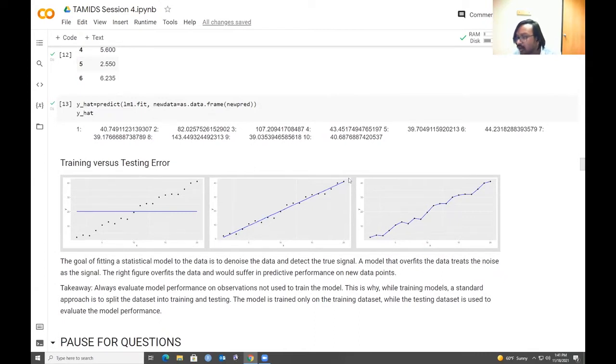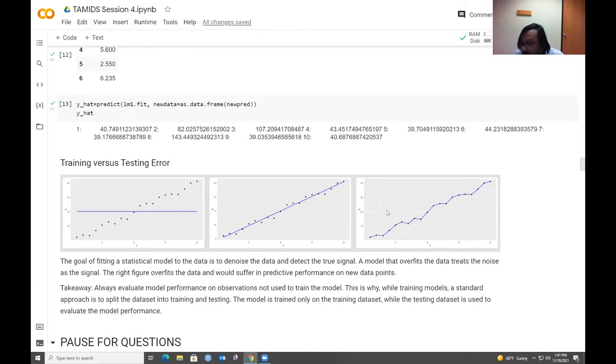But what about the one on the right? This plot has a fit that tries to do too much. It's, first of all, not a straight line. It's a very complicated model that tries to fit every data point perfectly. But where is it going wrong? This particular plot is treating the individual idiosyncrasies as a part of the overall pattern. And that is where it's going wrong.